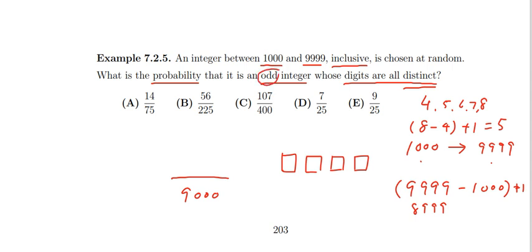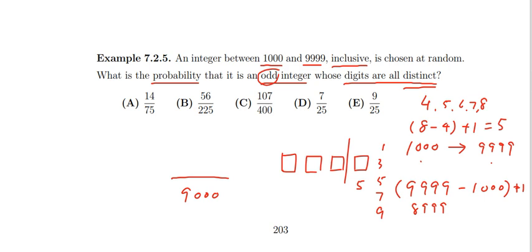If it's an odd number, this means the last digit cannot be even. Last digit could be 1, 3, 5, 7, or 9, right? So for the last digit, we have 5 ways. If the last digit is odd, then the number is odd. Okay, so last digit, 5 ways.